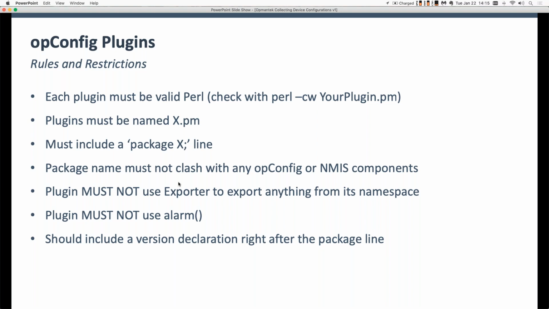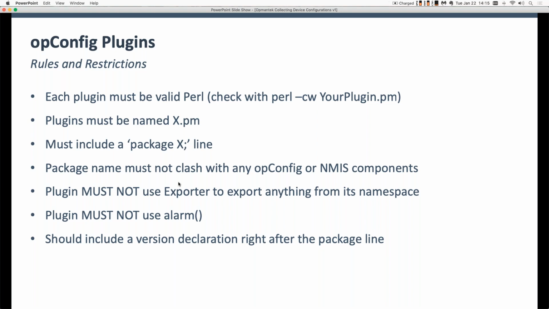Plugins have to be named something.pm. You must include a package X line within the file, and again, we'll show you examples of all this. The package name must not clash with any opConfig or NMIS components. So that's important. You cannot reuse an existing package name. It has to exist in its own memory space.